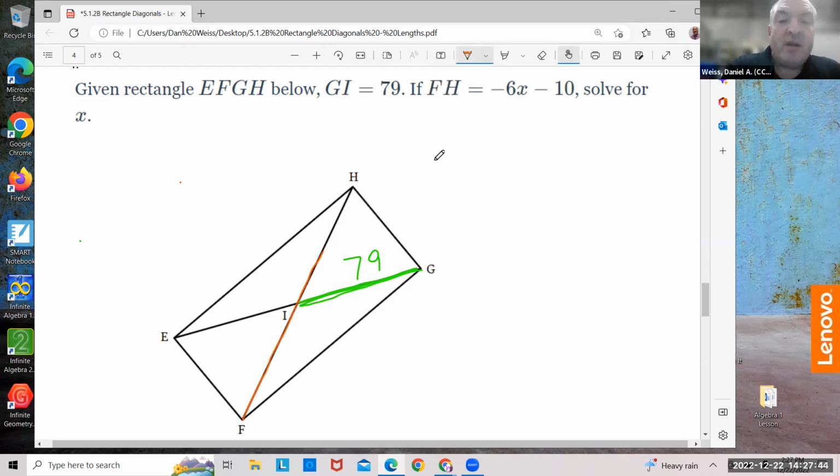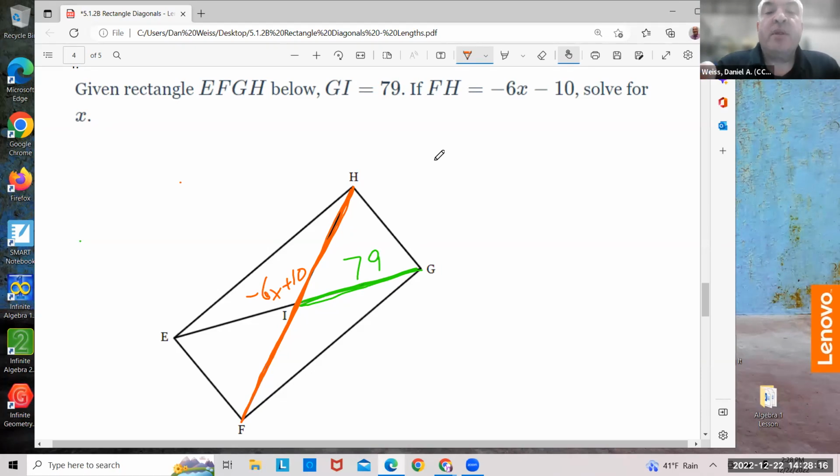FH is all the way from F all the way to H. Are the green and the orange equal? No, they're not. They're not equal. FH equals negative 6x plus 10. They are not equal. But would you agree that the orange is twice the size of the green, right?